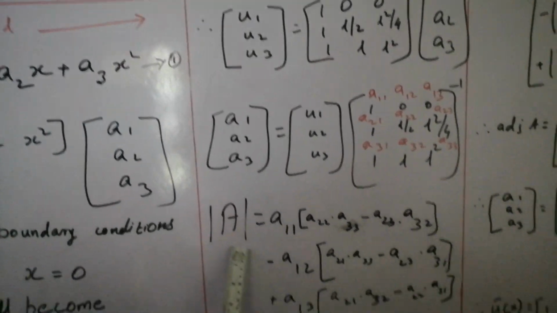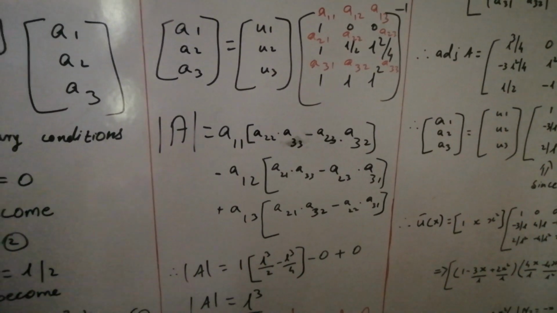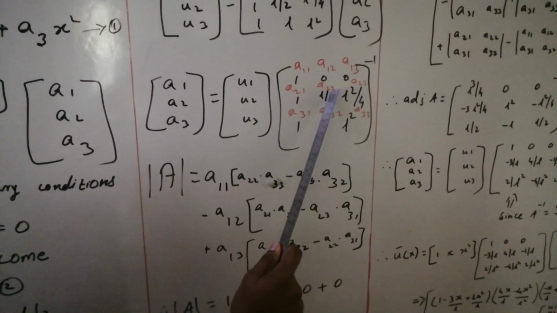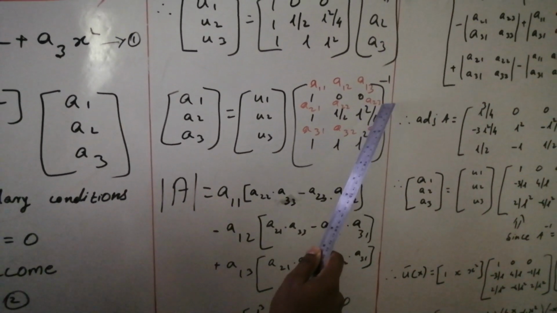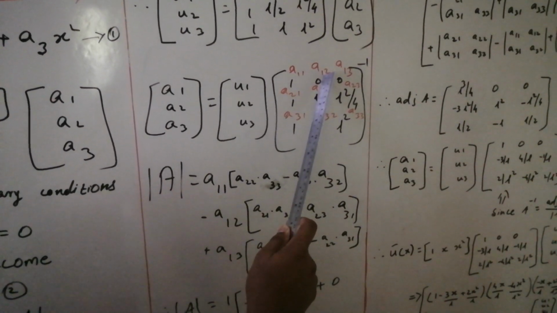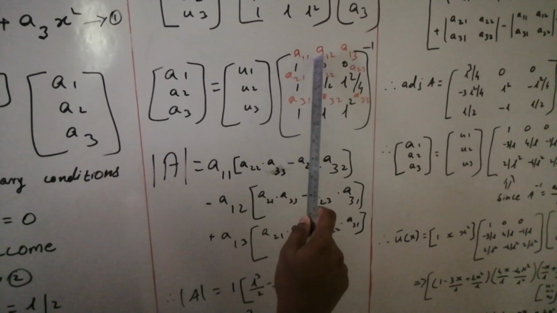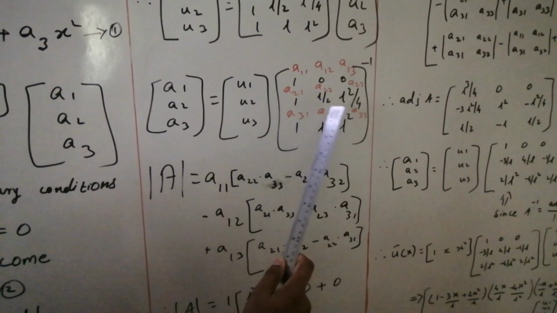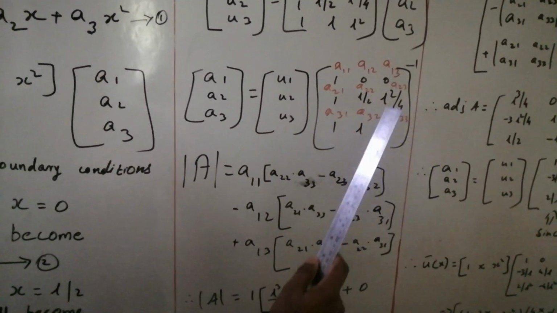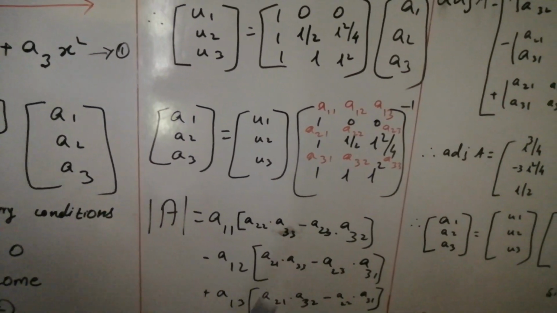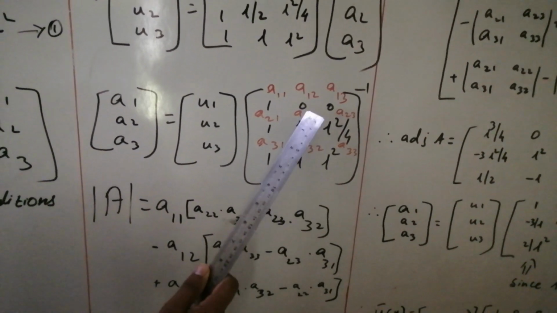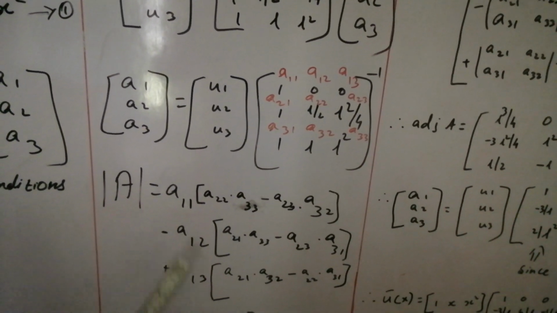The determinant A of a 3 by 3 matrix is a11 into (a22 into a33 minus a23 into a32), minus a12 into (a21 into a33 minus a23 into a31), plus a13 into (a21 into a32 minus a22 into a31).